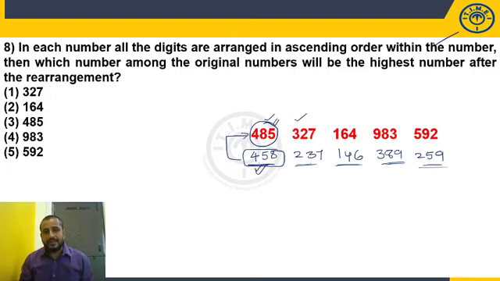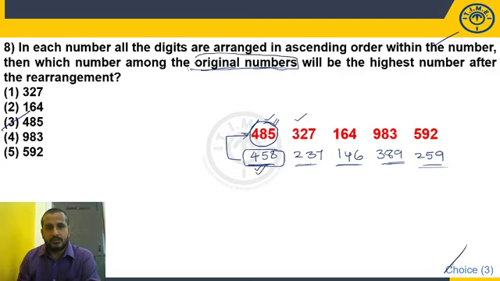So 458 is after performing the operations on which original number? 485. So what will be my answer? 485. I should not choose 458. I have to choose 485 because they are asking for the original number. Clear? So choice 3. So be careful among which numbers they are asking.